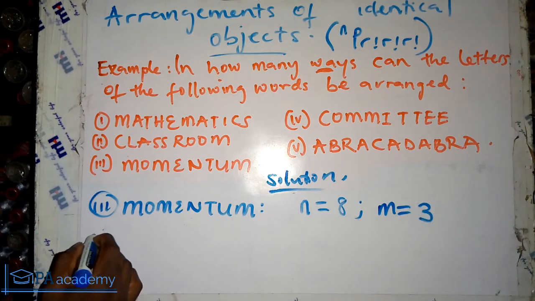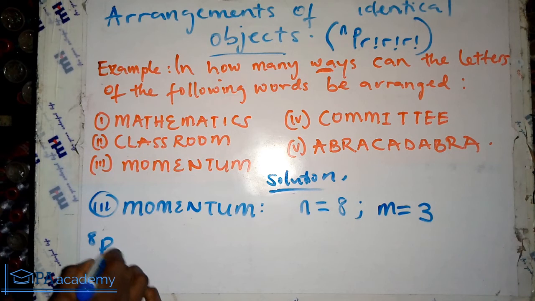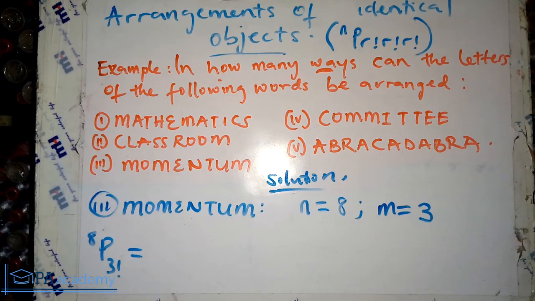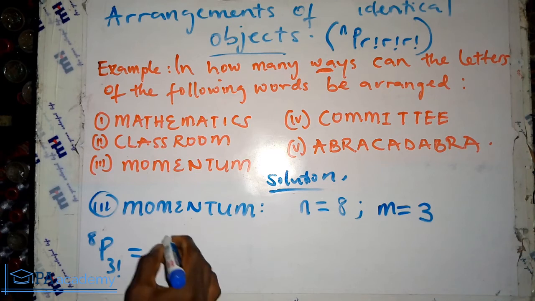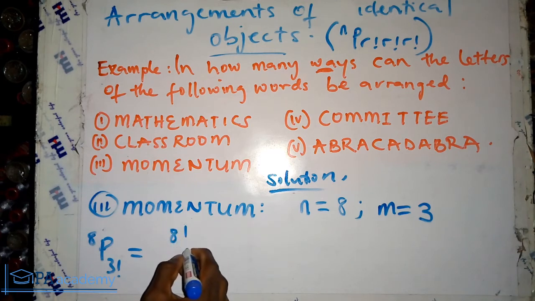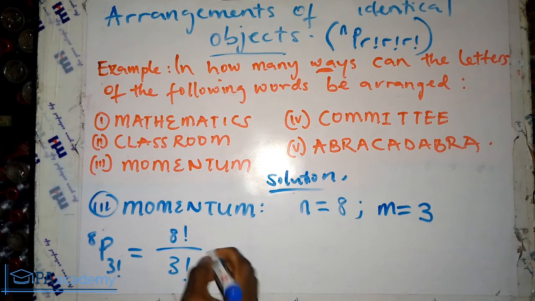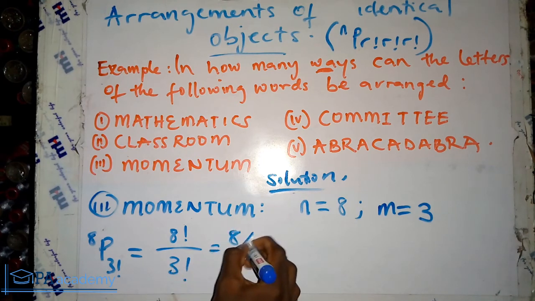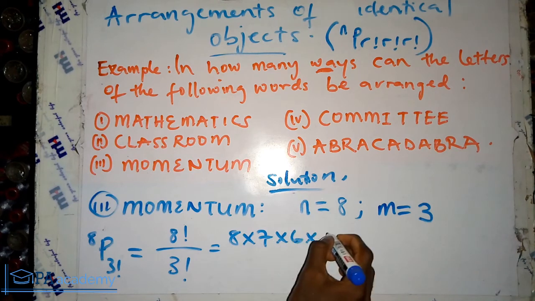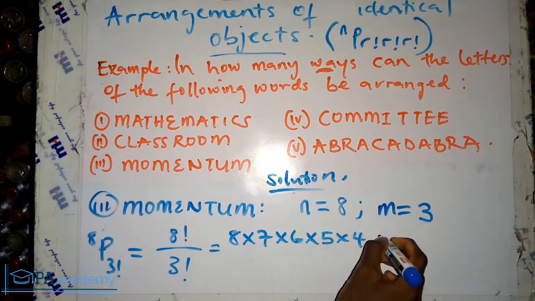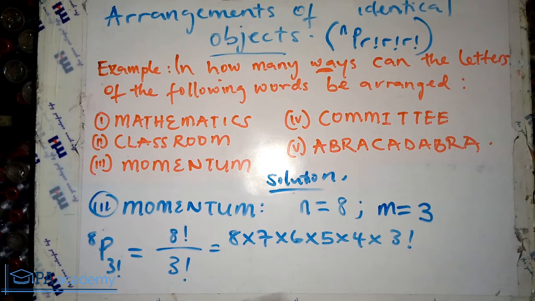So now we have 8 permutation 3 factorial, that's 8 factorial over 3 factorial. That will be 8 times 7 times 6 times 5 times 4 times 3 factorial. We stop at 3 factorial because our denominator is 3 factorial.